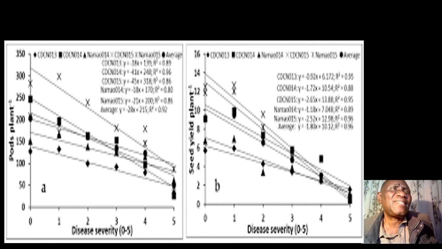Here we've got several graphs. Probably it could be different varieties being compared in terms of their susceptibility to the disease, or different control methods to find their efficiency in controlling the disease.